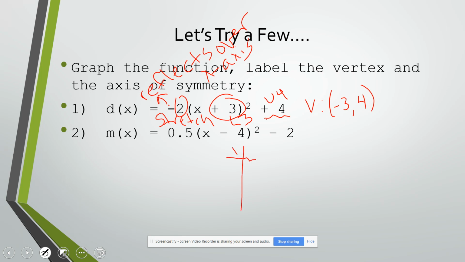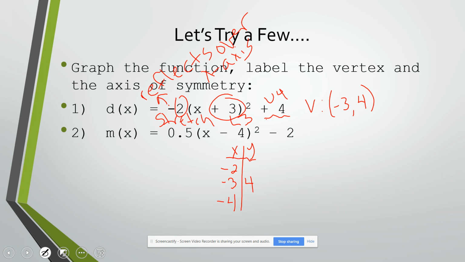So if I want to do an XY table to graph this, if I'm not using a graphing calculator, then I'm going to have -3, 4 be in the middle. And maybe I'll pick a -2 and a -4 to plug in for x.